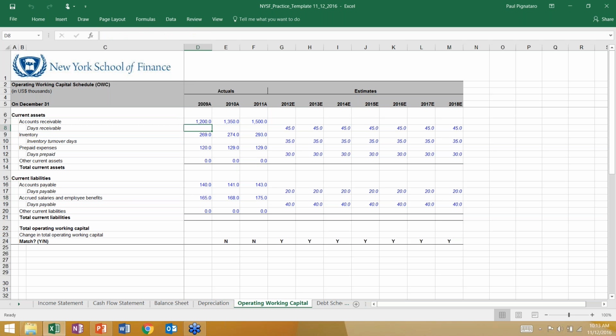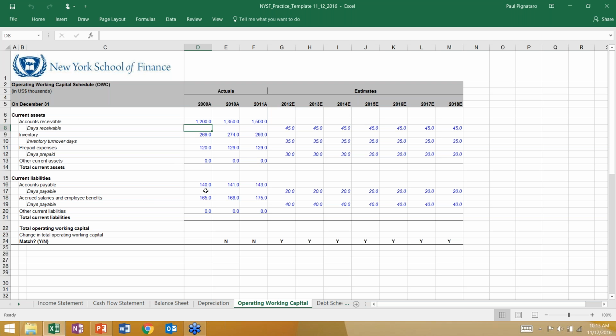We want to look at these line items and track them, and calculate some metrics that will allow us to make good projections. The way we do that is by comparing these items to operating items. Working capital is operating in a sense. Each working capital line item can be somewhat related to an operating line item.